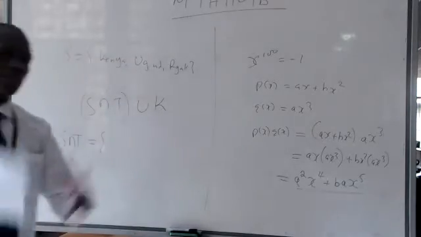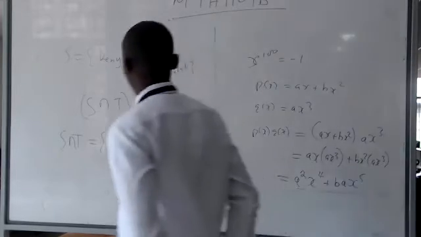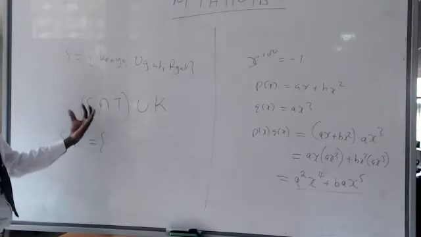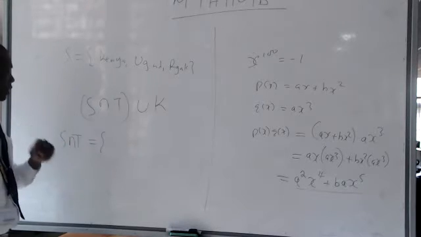Or what does it mean for 2 sets to intersect? Set of elements that are common. Yeah, elements that belong to both sets at the same time. So S intersection T should be elements which belong to S and belong to T at the same time.